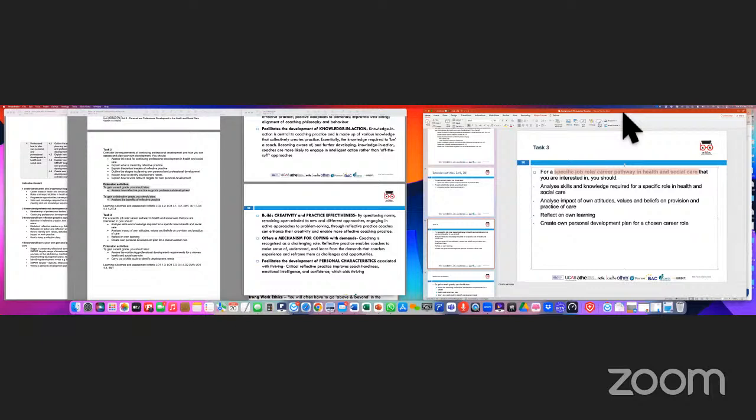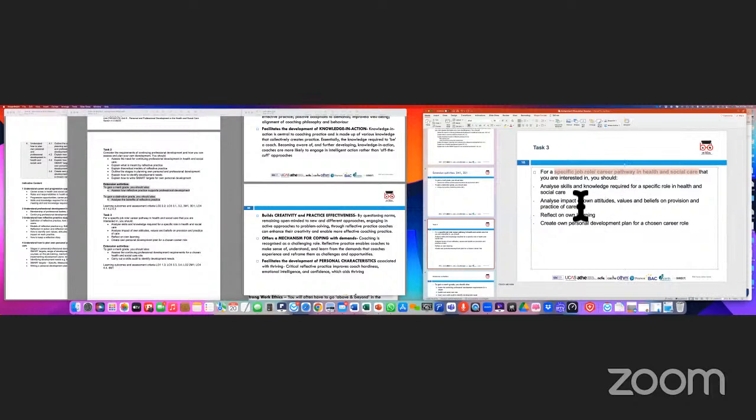And this will help you keep to the word limit as well. That is why it is important to identify one role that you would want to take up as a career in this sector, and that would allow you to pinpoint and talk specifically about that role when you do these tasks.